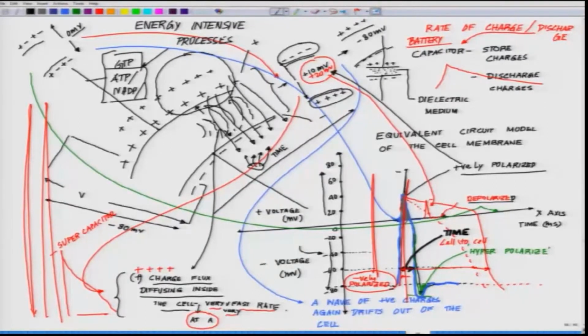But mostly of course, we will be talking about ATP, adenosine triphosphate, where every time one phosphate group is detached from the triphosphate, it liberates a huge amount of energy.